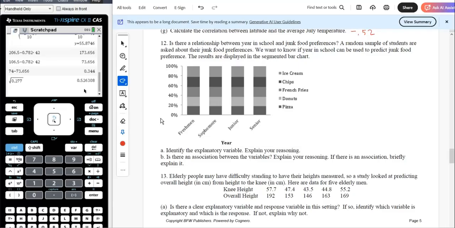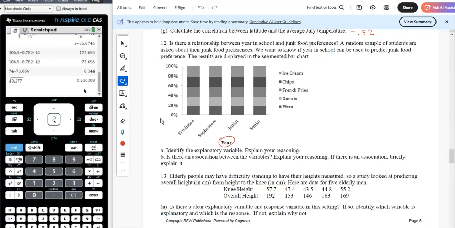There is a relationship between year in school and junk food experience, okay? So identify the explanatory variable, that would be year. Well, let's see, because we think the year in school would help predict or explain the type of snack you like here.